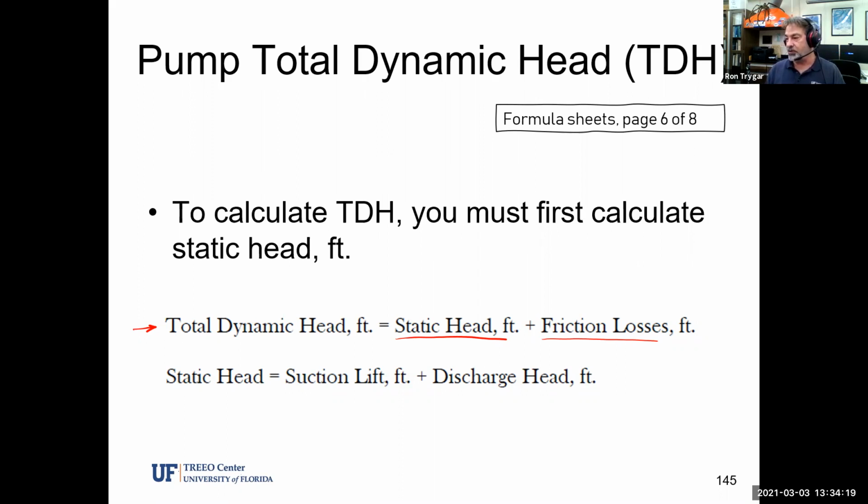So let's go ahead and try one out and see how we do with this. You'll probably find it's pretty straightforward. It's mostly just all addition of these numbers together to come up with a total number of feet that is represented by the head or what we're pumping against, or the extra work that the pump has to do to kind of get this water moving through the pipeline or to discharge at a certain point.